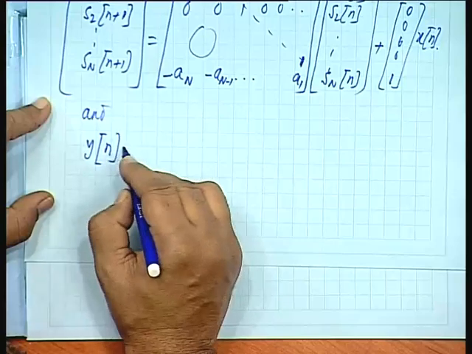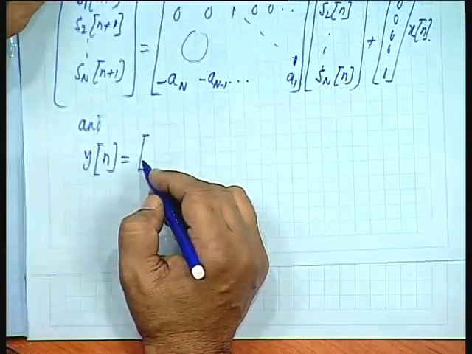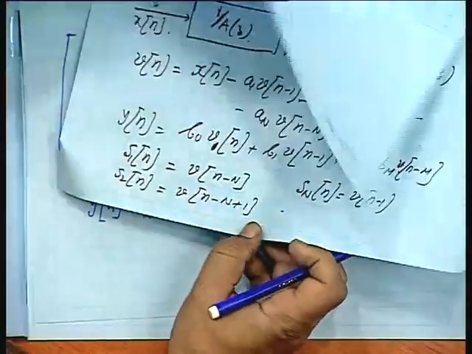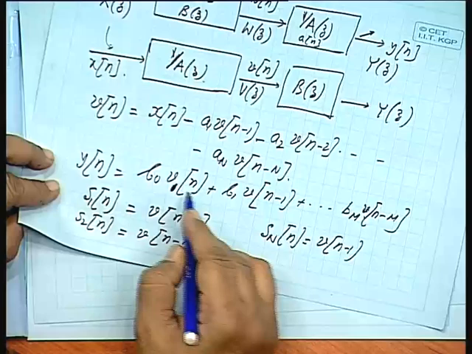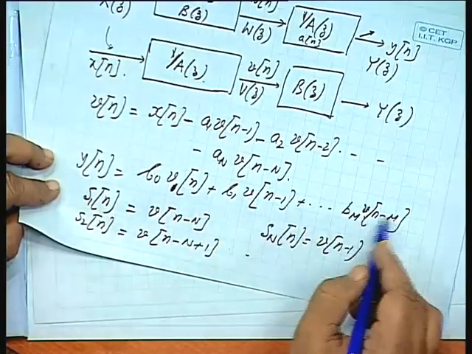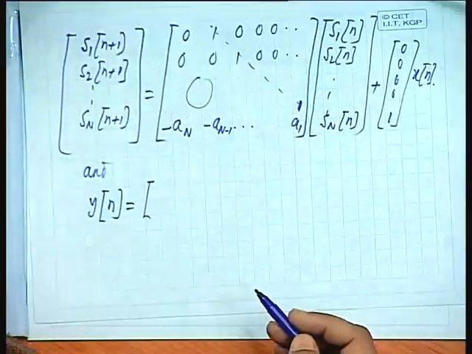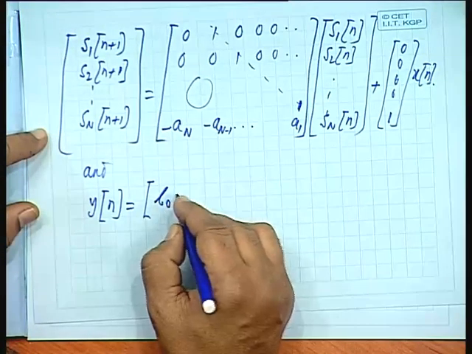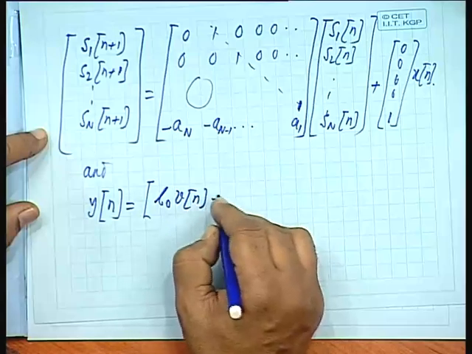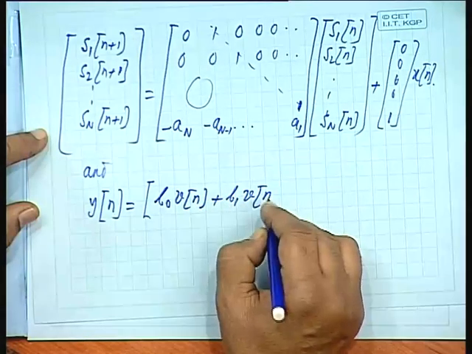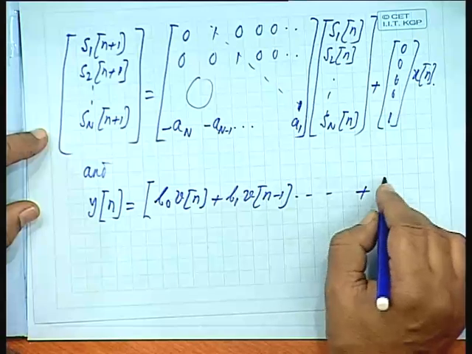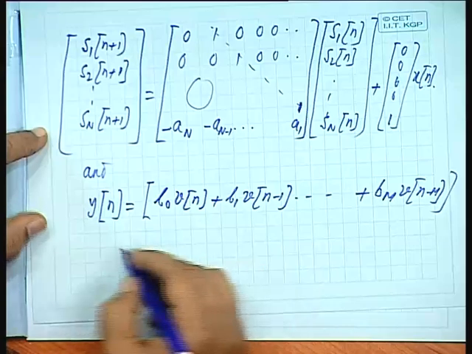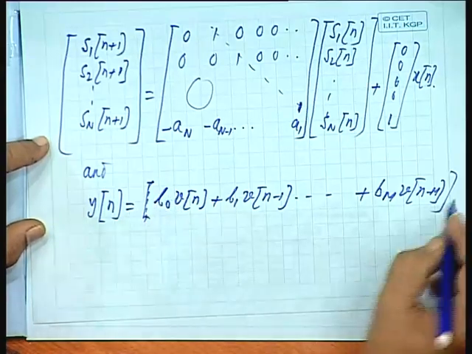And yn is, what was yn? If you remember, B0 into Vn, B1 into Vn minus 1, and all these Vn's are basically the states S1, S2. So, I can write this as B0 Vn plus B1 Vn minus 1, this summation plus Bm Vn minus m. I need not put a bracket, this is all sum.